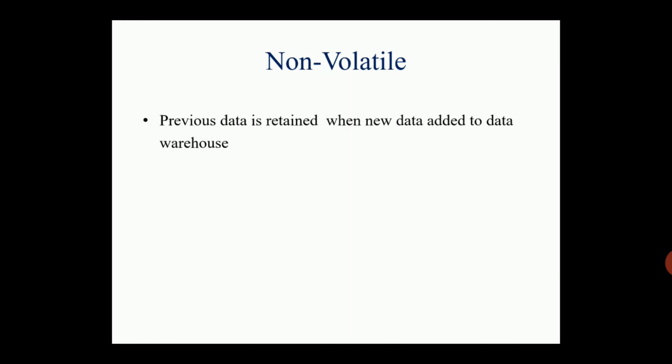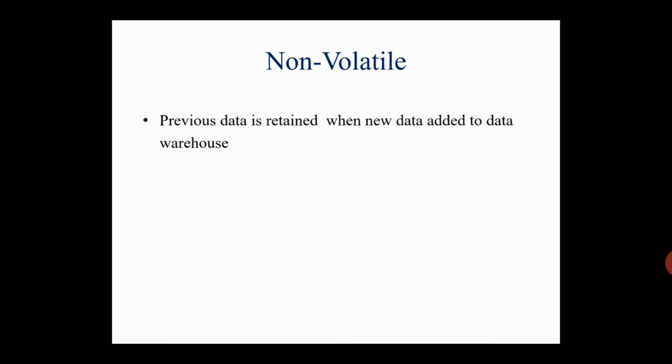Next feature is non-volatile. So when the data is stored in the data warehouse, it should not vanish. That is the crude meaning of non-volatile. The previous data is retained when new data is added to the data warehouse.